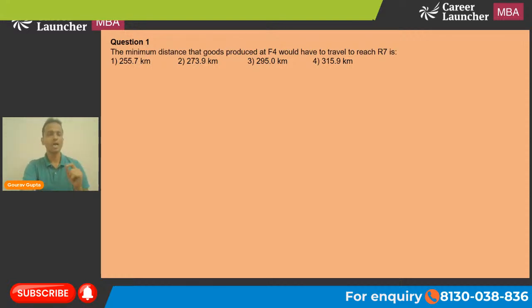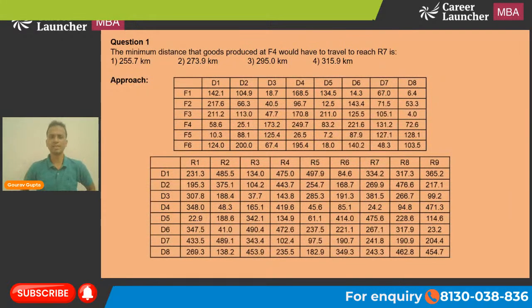Now let's look at the approach meanwhile you are posting your answers. This is the data that is given to us, and we have to start from F4 and reach R7. Our starting point is clear, and our terminal point is clear. But what can be the intermediate depot that we can use?